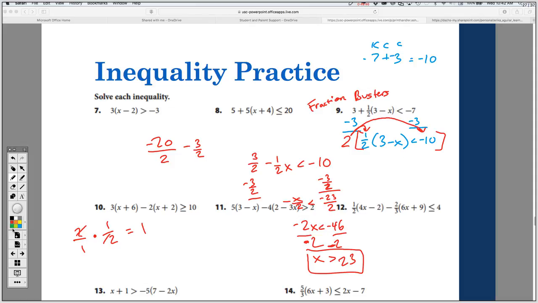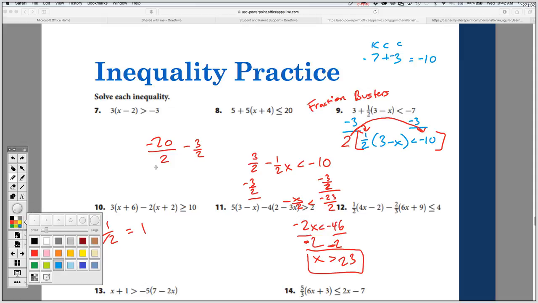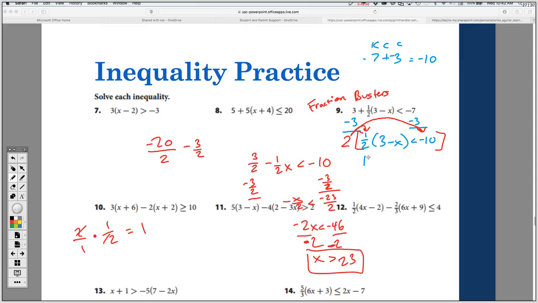So let's take that out. What is 2 times a half? 1. So this goes away to just 1, and that becomes 3 minus x less than, what is 2 times negative 10? Negative 20. This becomes 3 minus x less than negative 20. And now what? Opposite side, so minus 3.